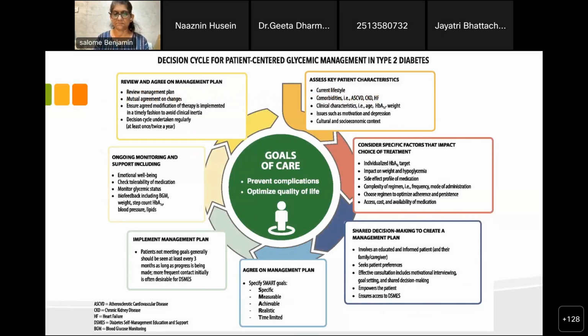We must be aware that we now have the GDM guidelines, diabetic guidelines for Indian patients. So this is taken from that, and it is so beautifully written. What is the decision cycle for patient-centric care? You keep your patient in the center and say, my first goal is to improve his quality of life, prevent complications and give him euglycemia.